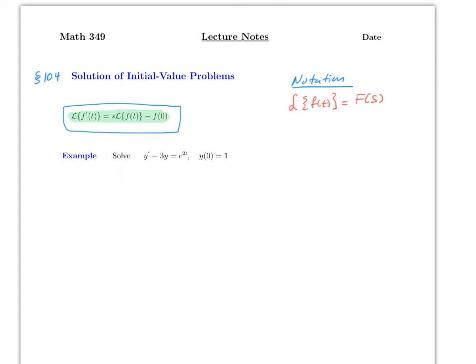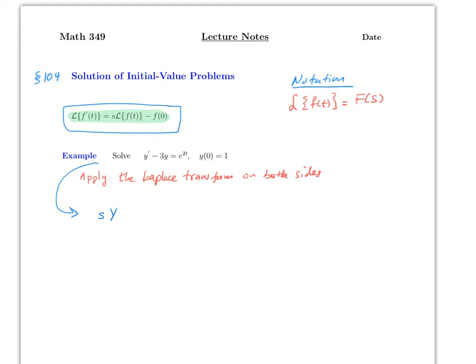All right, so here in this problem, the first example, we're going to apply the Laplace transform on both sides. If we do that, then the Laplace transform of y prime using this formula is going to be s times the Laplace transform.